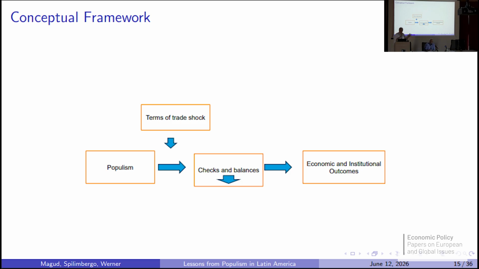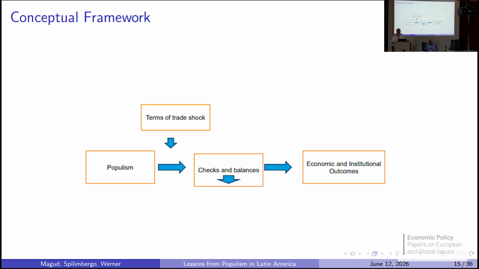So logically, populists disable checks and balances, which are important to check the budget constraint before the crisis. If you have a commodity boom, you don't hit the budget constraint sooner, but sooner or later you have a big economic effect. So this is the logical scheme that we follow.